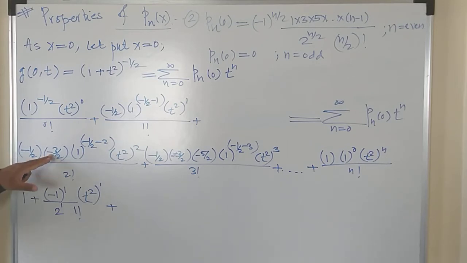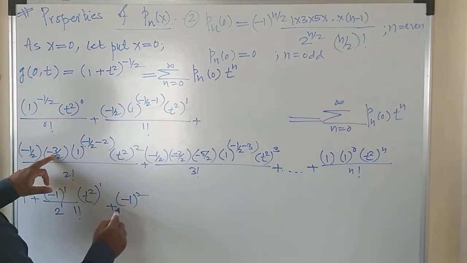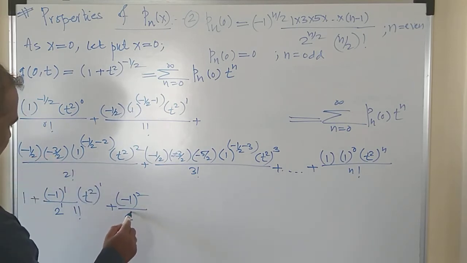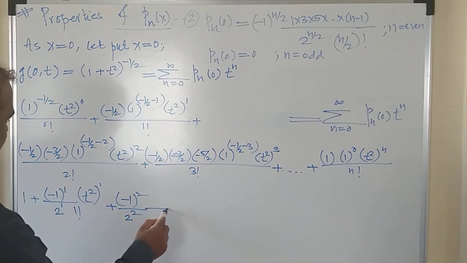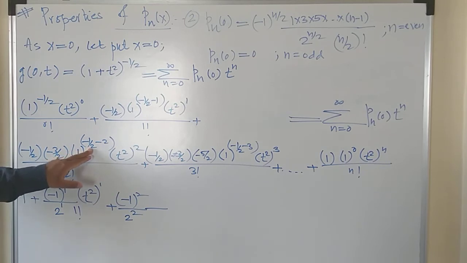This minus and this minus will be plus, but I will write this as minus 1 squared, that will be positive only, divided by this 2 and these 2. I will write for my convenience 2 squared. 2 squared is 4, right? And 1 raised to power anything is 1 only.